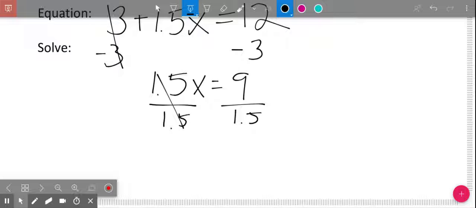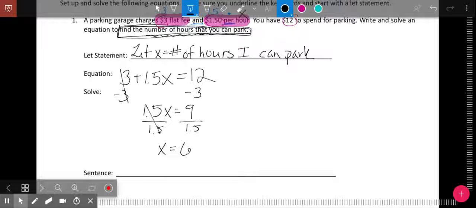Those will cancel out. So I'll have x is equal to 9 divided by 1.5, which is going to give me 6. All right. So we have 6 right here.